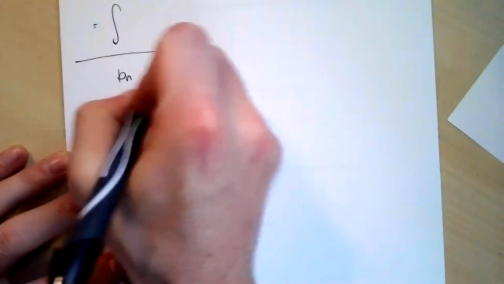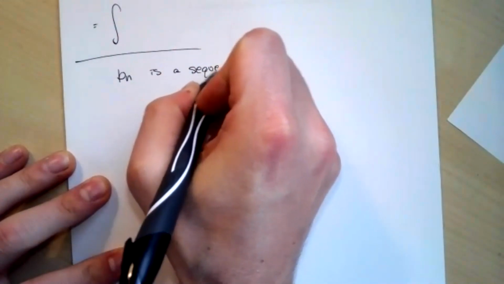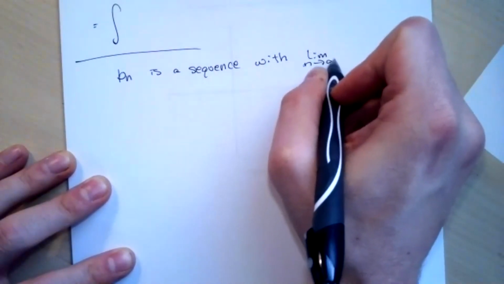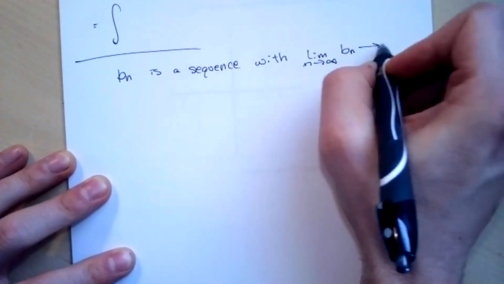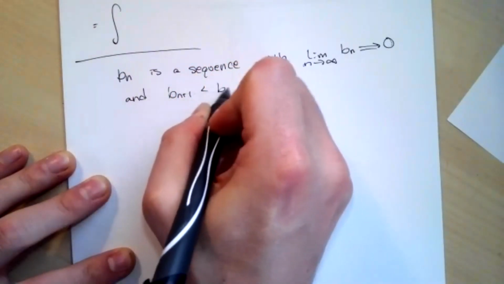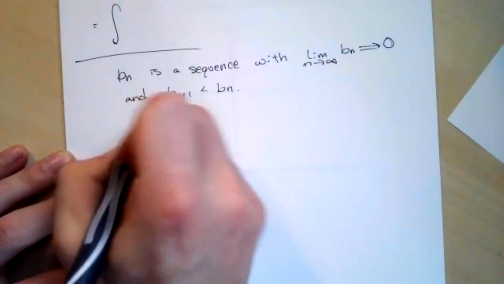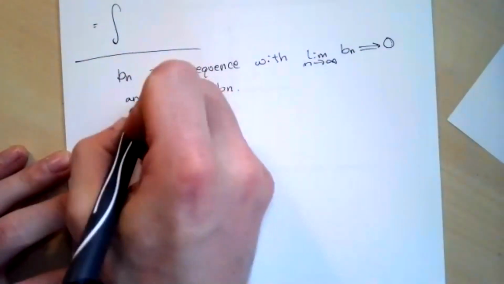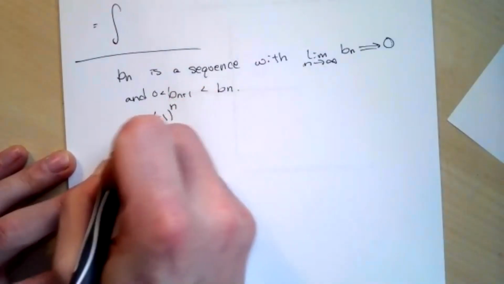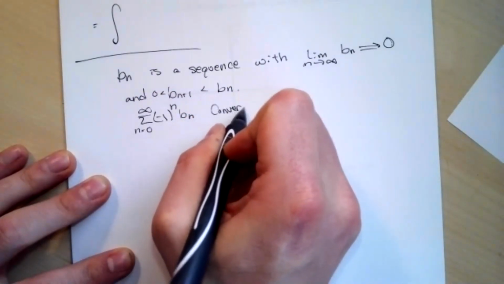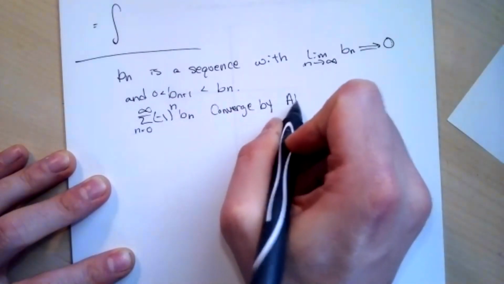But for example, if you just have a generic problem of something like Bn is a sequence with the limit going to 0, and it's decreasing, then we know that if we make it alternating, say Bn is a sequence with decreasing also bigger than 0, we know that this will converge by the alternating series test.